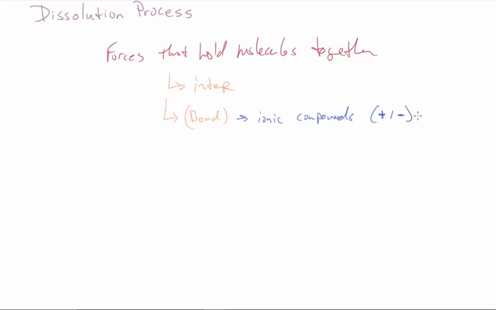And so the thing we need to understand is that if we have forces that hold molecules and atoms together, these forces have to be overcome in order for something to dissolve. If I drop two atoms that are together into a bucket of water, the water has to have more attraction to these molecules than the molecules do to each other.